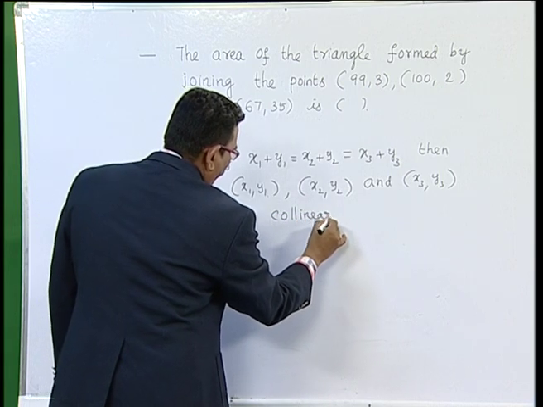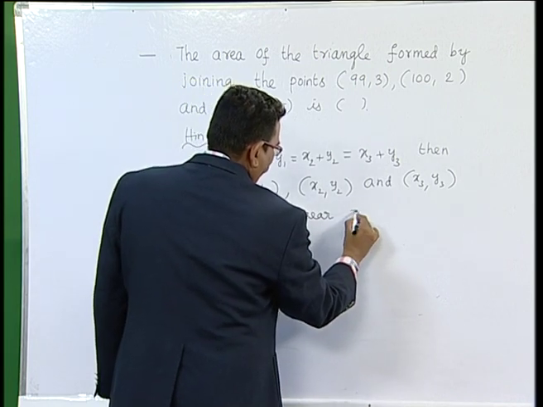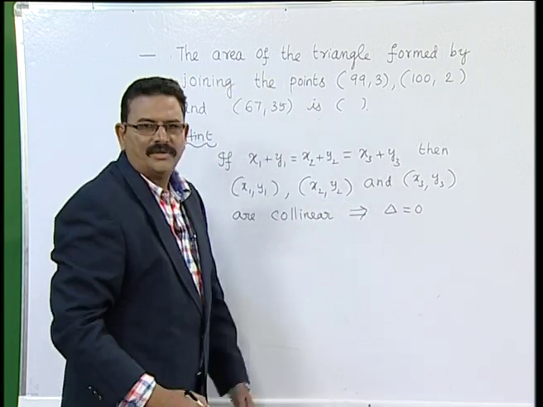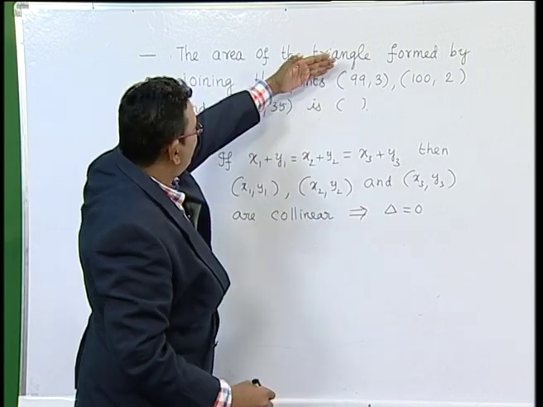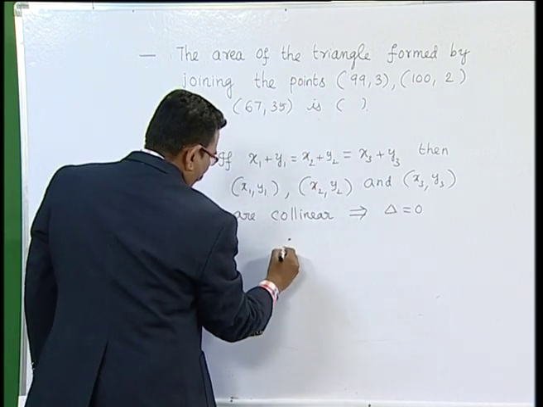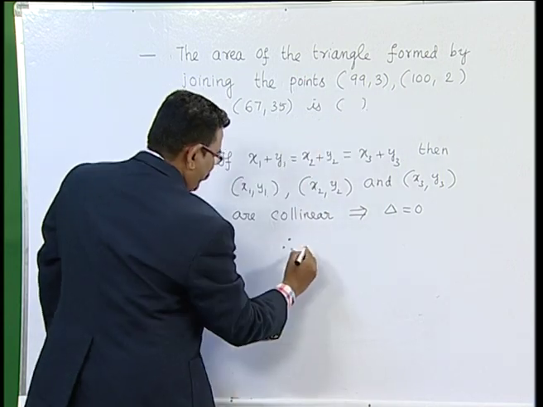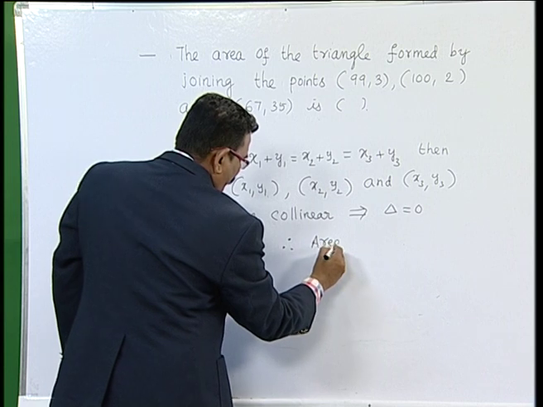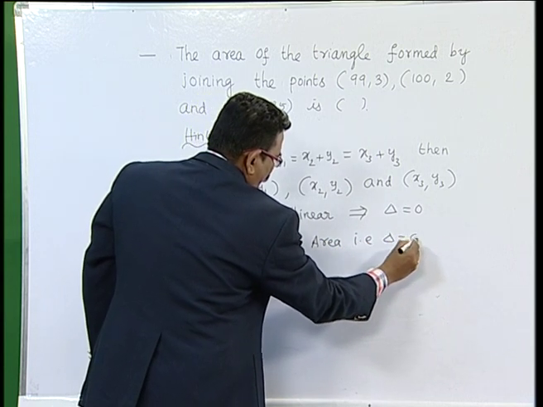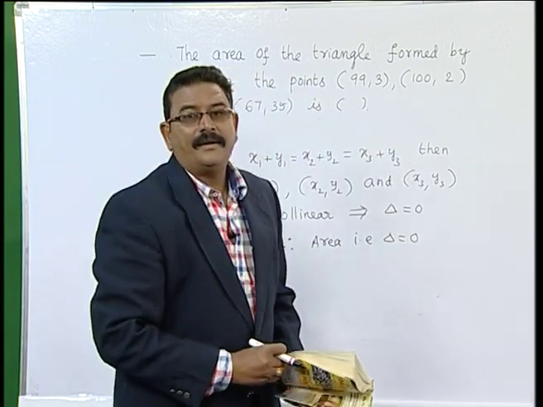If they are collinear, delta becomes 0. That implies here we can write the area formed by these 3 points is 0. That is why if you apply this to this problem, the answer is 0. Therefore, the area of the triangle formed by the 3 points, delta, is 0. Okay, now let us move to the next problem.